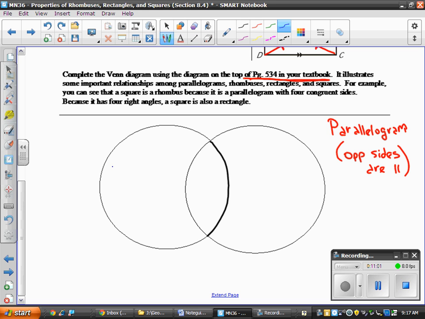But we have a rhombus, let's say over here, and a rectangle over here. By definition of a rhombus, you have four congruent sides. We don't really care about the angles, it's just that we have four congruent sides. And I always think a picture helps.